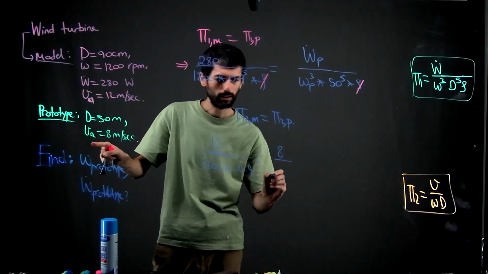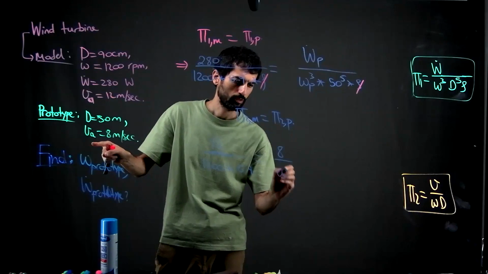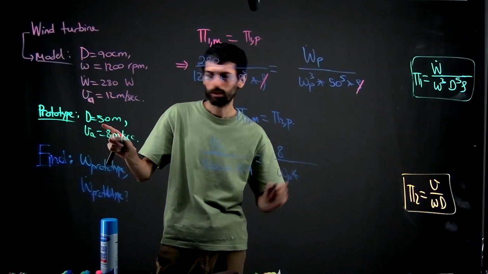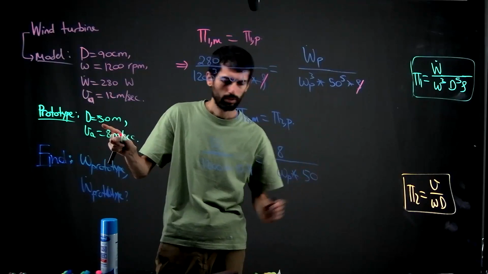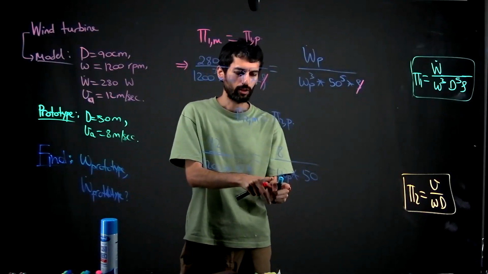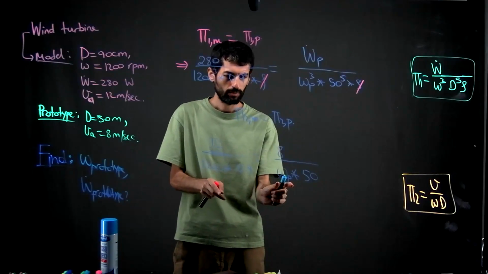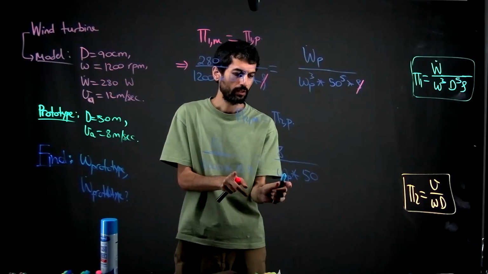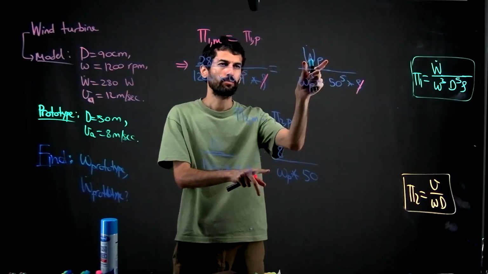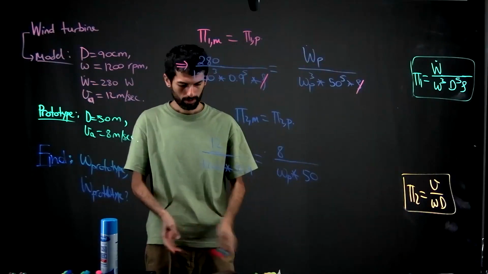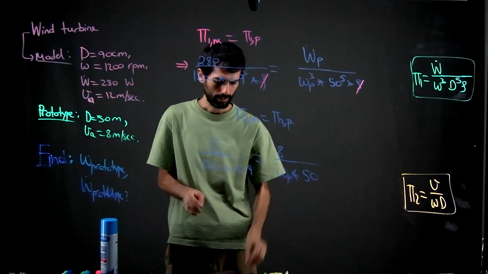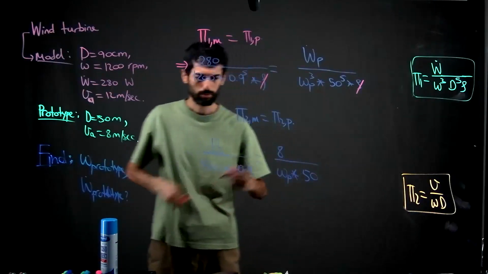The angular velocity of the prototype, I will put it as it is. Diameter of the prototype is 50. Okay, so you can see that we can find omega from here because it is the only unknown, and then we can substitute it back to find the power of the prototype. So let's first calculate omega and then replace it back here.